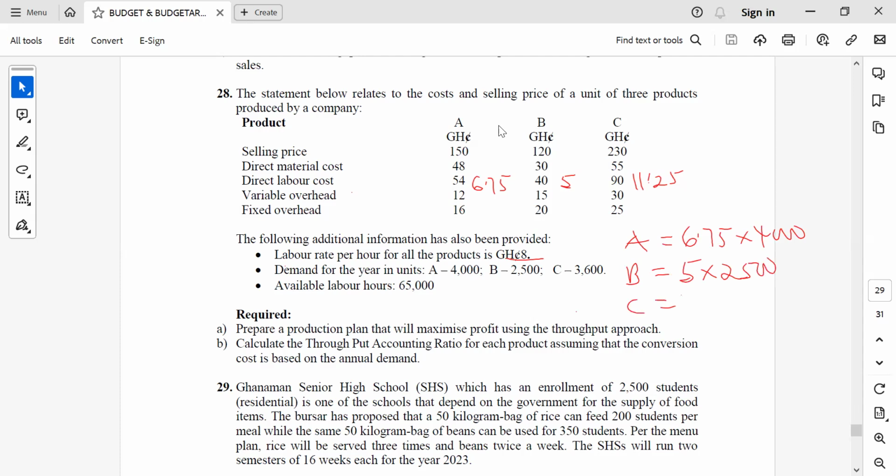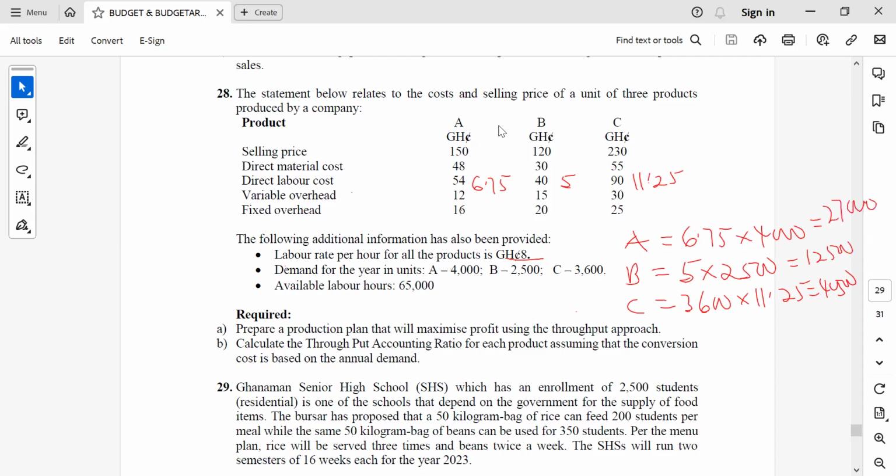And C will be 11.25 multiplied by 3,600. So 6.75 multiplied by 4,000, I'm getting 27,000. 5 times 2,500 gives 12,500. And C is 40,500.